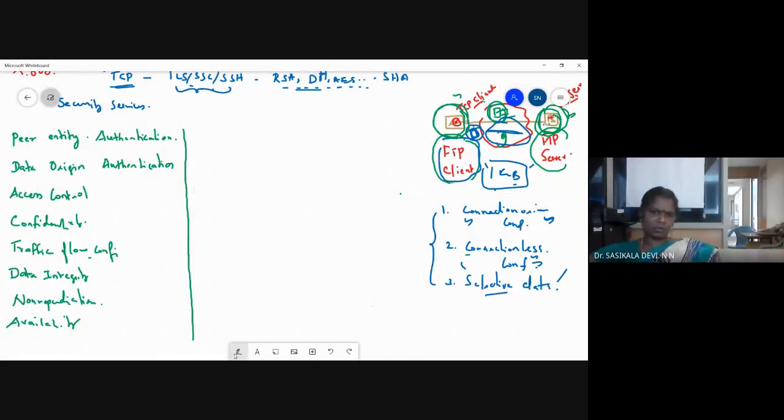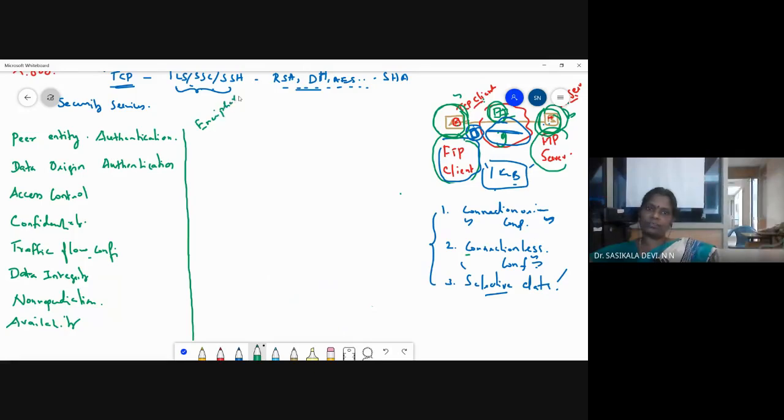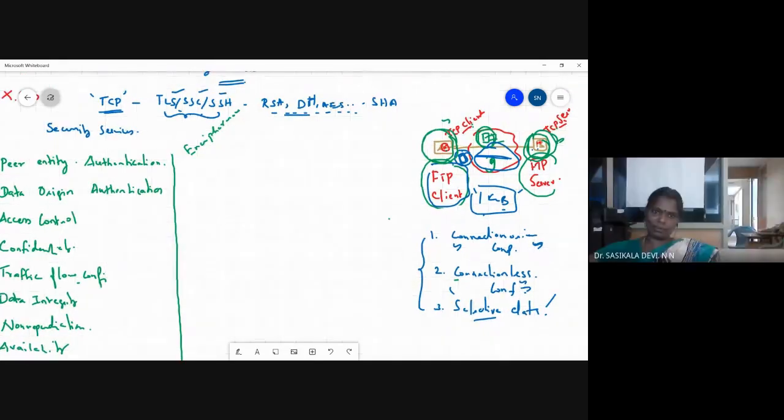The first common security mechanism, because we are talking about DES, AES, RSA, elliptic curve, ElGamal, and so many crypto algorithms, is known as encipherment. Is it visible to you? Encipherment? No, ma'am. Okay, sorry.